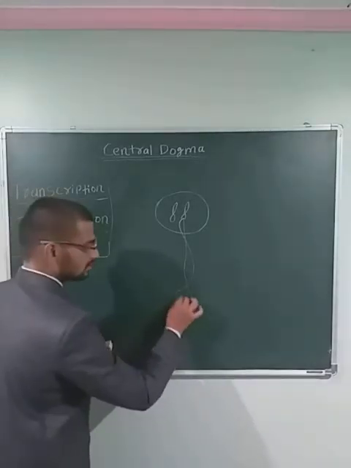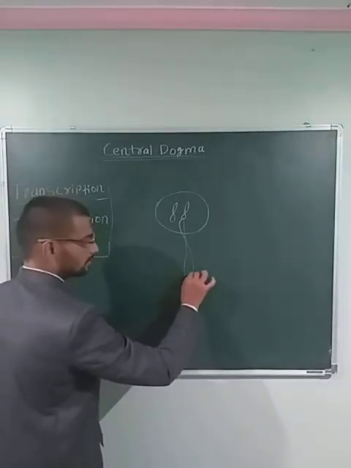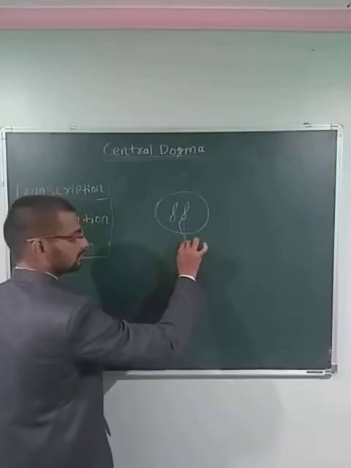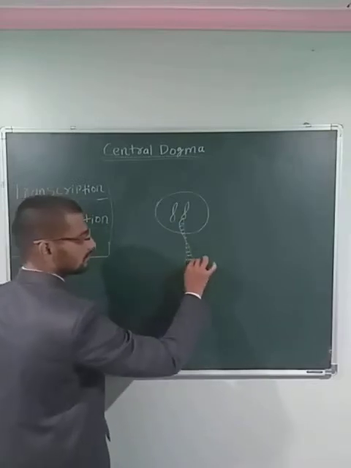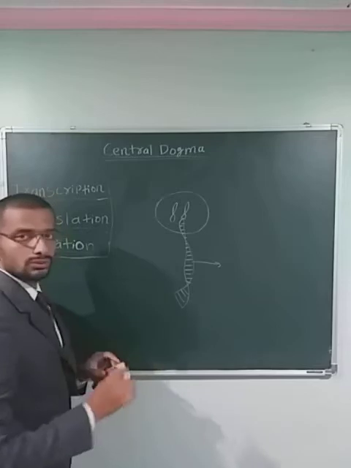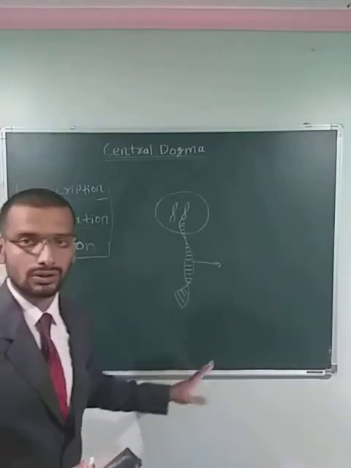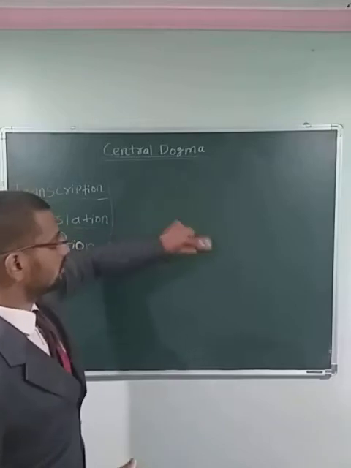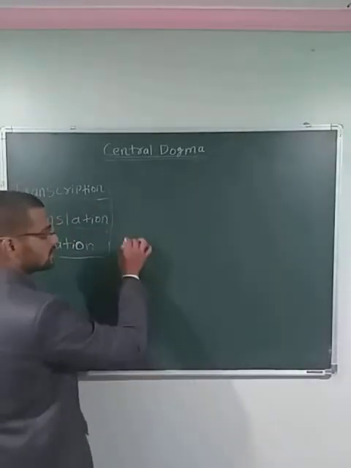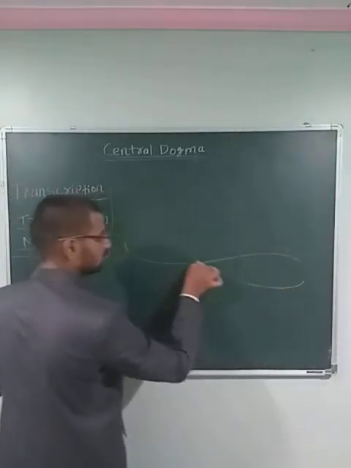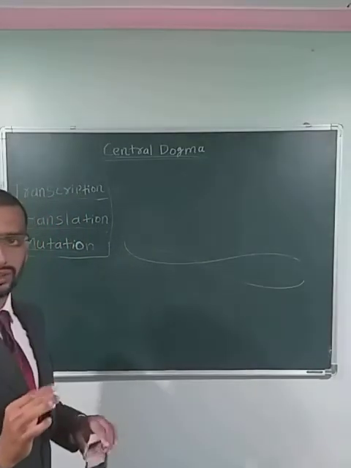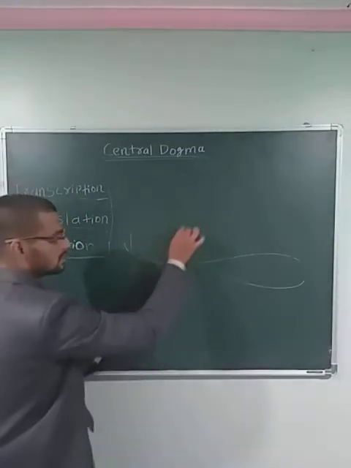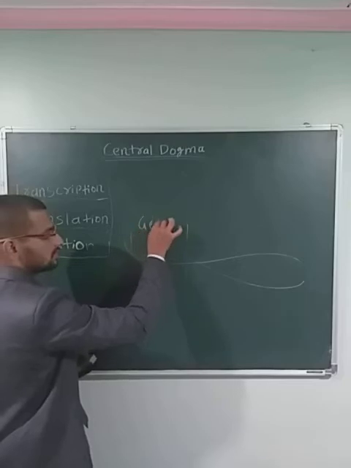DNA contains nucleotide bases which can give a particular character or protein or an enzyme. So in the transcription process we'll discuss a DNA. A DNA contains several gene segments.